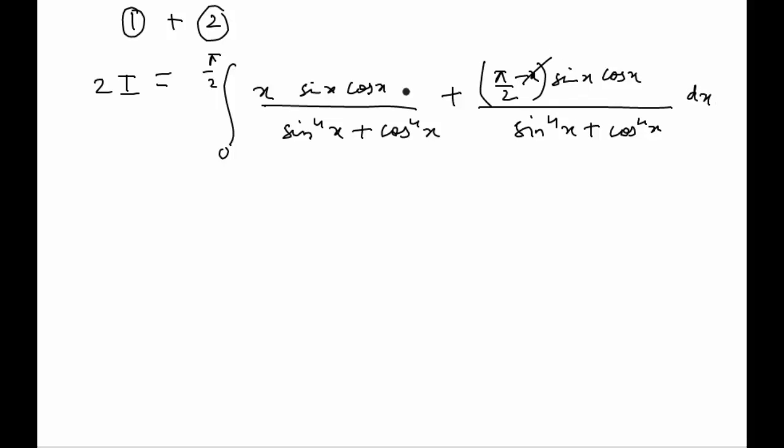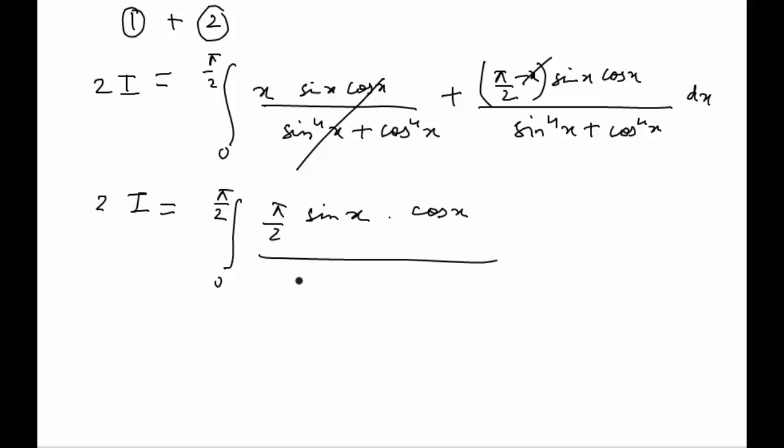So we see that this term and this term get cancelled. We are left with 2I equals 0 to pi by 2 of sin x cos x upon sin to the power 4x plus cos to the power 4x dx.